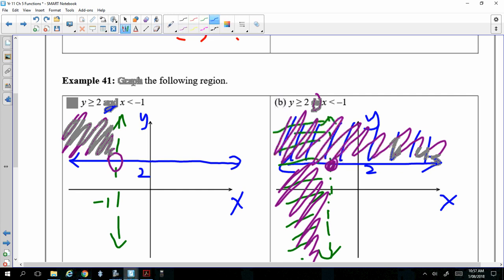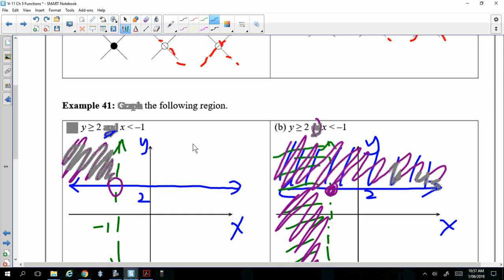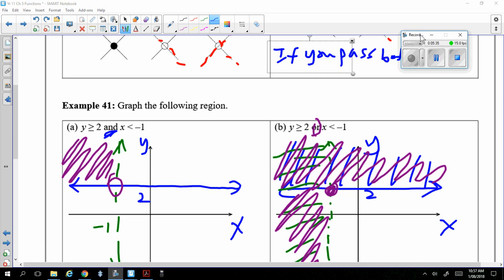Listen. If you pass both maths and physics, you will win, right? So if you didn't pass maths, you didn't win, right?